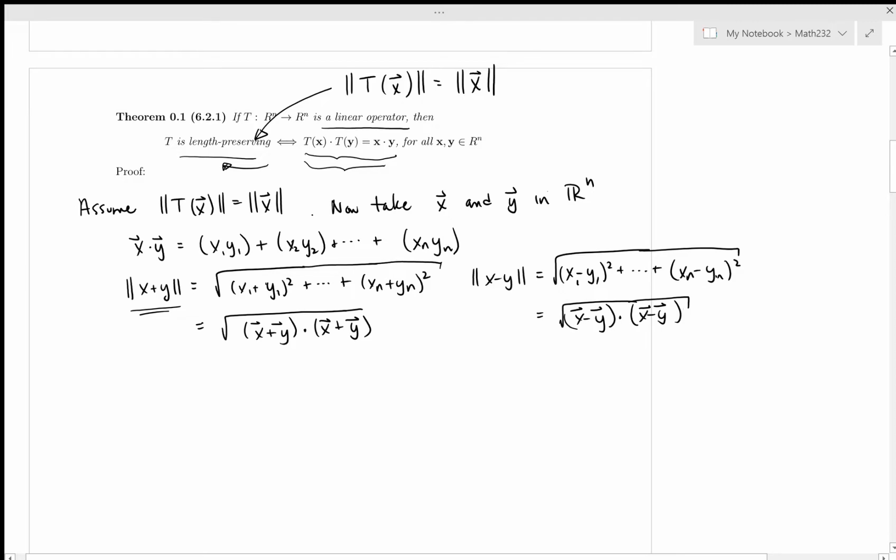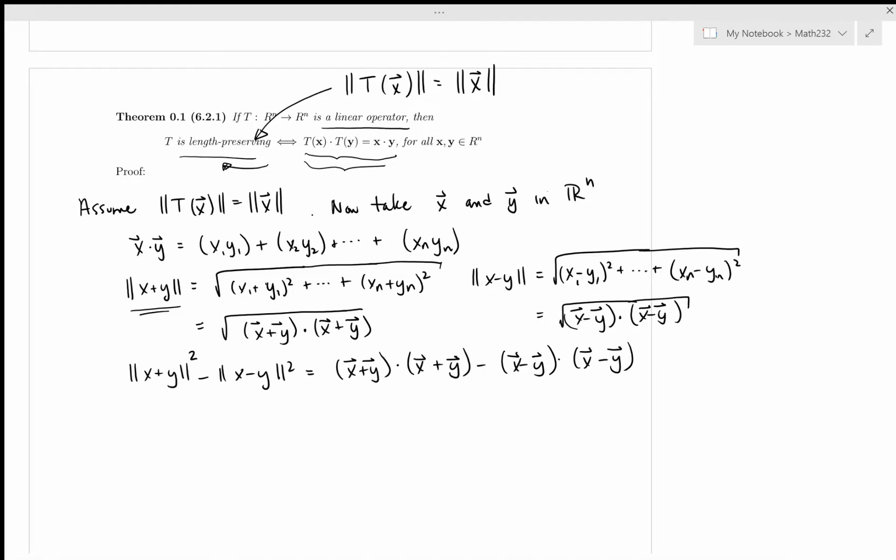Okay, so I can now take the difference of these two things, the norm of x plus y minus, in fact, I'm going to do the squares of them, the norm of x minus y squared. That's going to be equal to (x plus y) dot (x plus y) minus (x minus y) dot (x minus y). Then we can distribute and do a whole bunch of canceling, so it basically is algebra here.